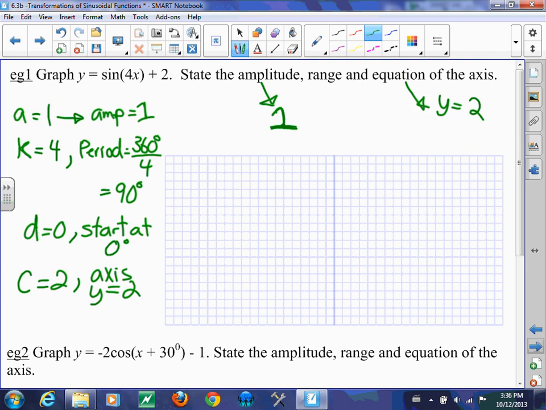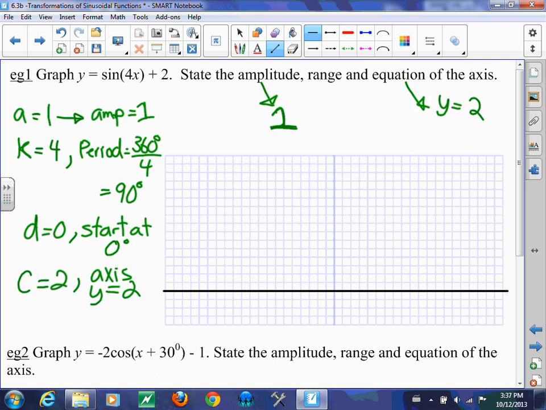So when we take a look at doing this, ladies and gentlemen, I'm going to draw a couple straight lines. I'm looking at my axis, and my axis is going to be at +2, so I'm going to draw my regular lines a little lower. What I need to know is a scale.